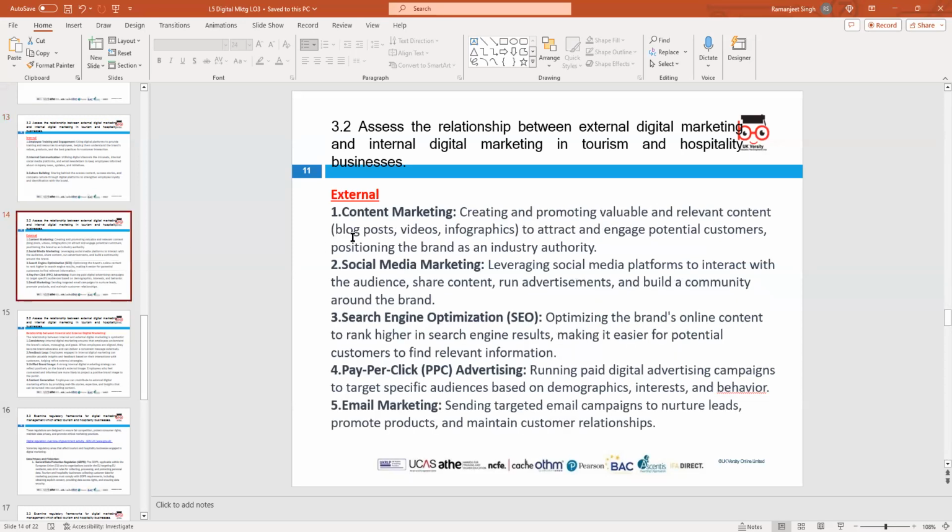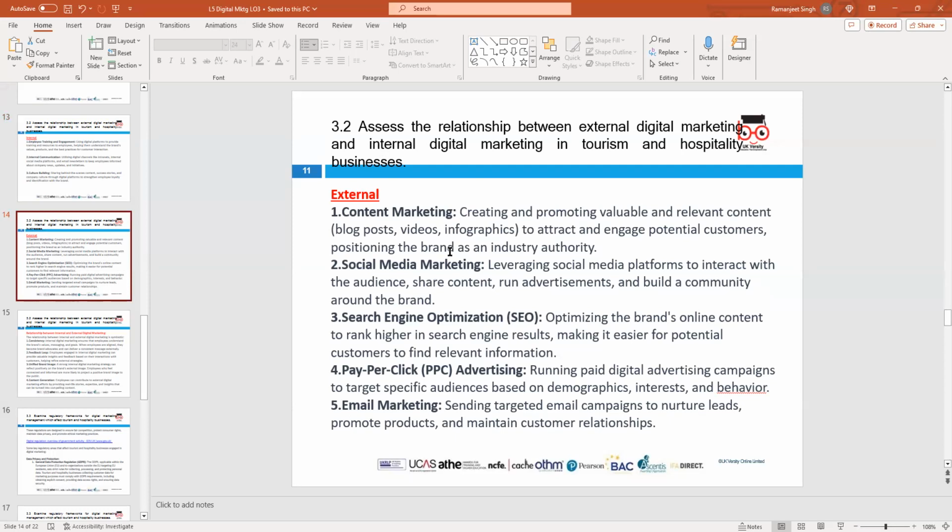And externally, when we are looking at the relationship between internal and external, internal is for people working in the organization. External is when the employees are talking to the external world, to the external customers.